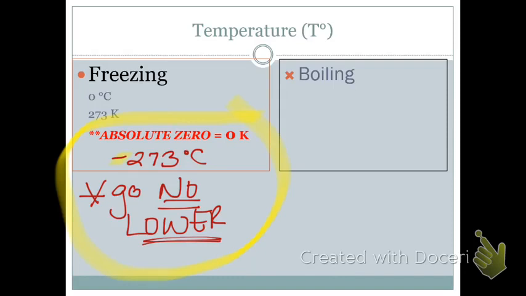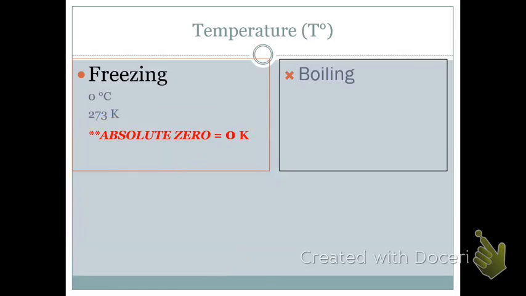You can go no lower. I cannot impress this upon you enough because we are going to be giving you numbers where you have to say, that number does not exist, but you have to know that. So make sure you know that absolute 0 is the temperature at which all motion stops. It is equivalent to a negative 273 degrees Celsius, and you can go no lower than that, okay?